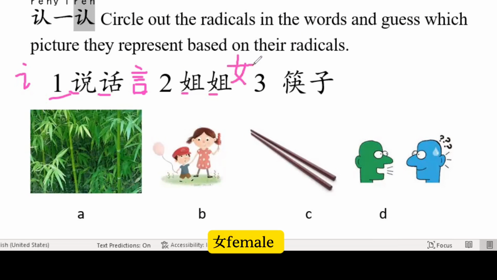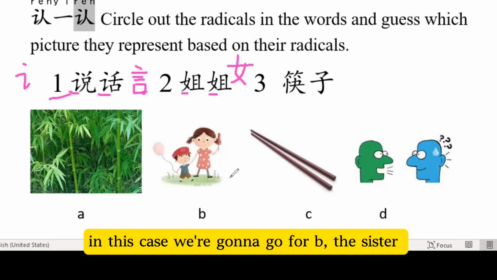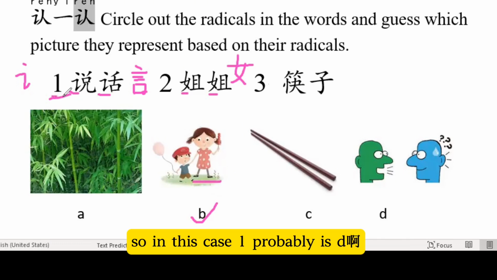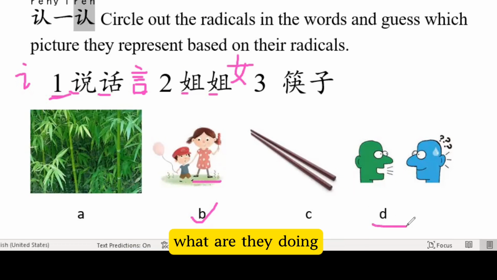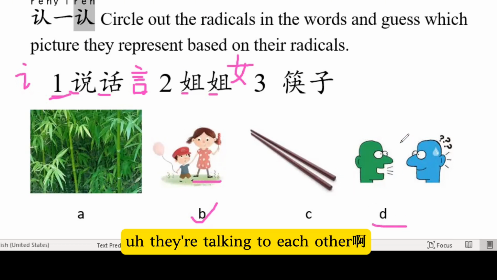So 女 female. In this case, we're gonna go for B, the sister. So in this case, E probably is D. What are they doing? They're talking to each other.